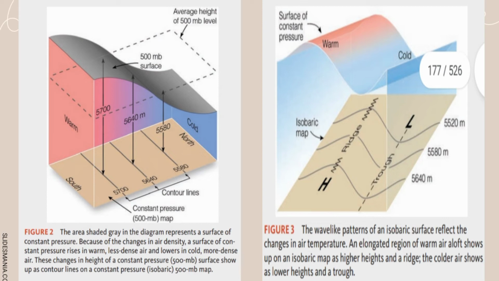These are the contour lines. Although contour lines are height lines, keep in mind that they illustrate pressure in the same manner as isobars do. In many instances, the contour lines on an isobaric map are not straight. Notice in figure 3, the contour lines are not straight. The contour lines also appear wavy, just like what I've shown you from the previous slide.